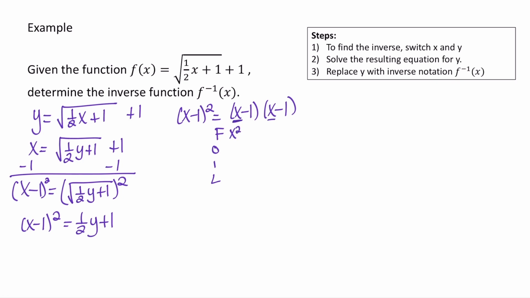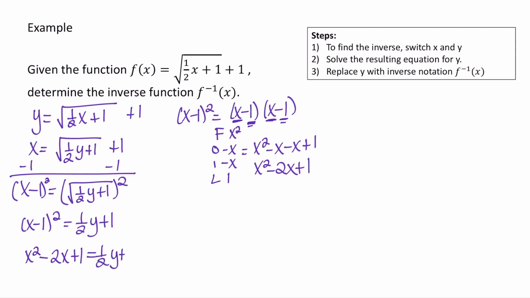Then I do the outsides, x times -1, which gives me -x. Do the insides, -1 times x, which is -x. And then last times last, which is 1. So that equals x squared minus x minus x plus 1, and that is x squared minus 2x plus 1. So I have x squared minus 2x plus 1 equals 1/2 y plus 1.